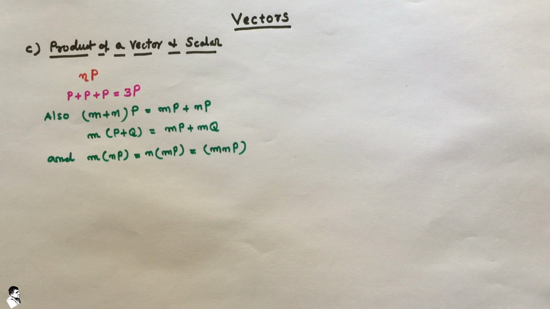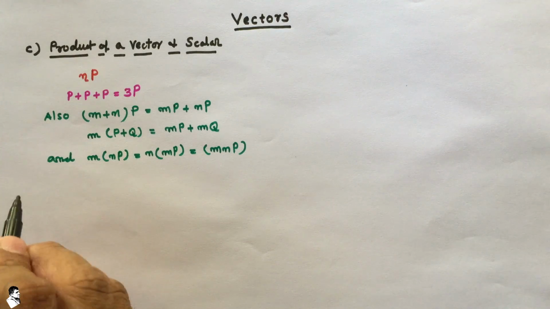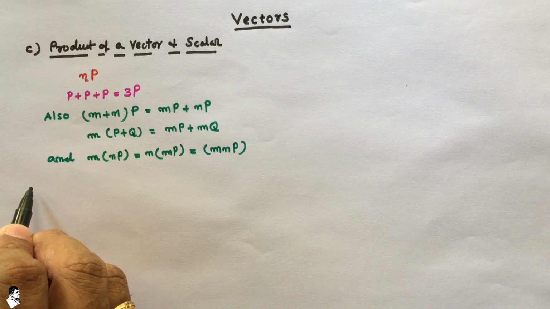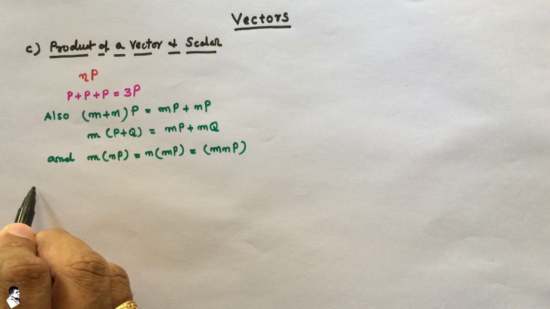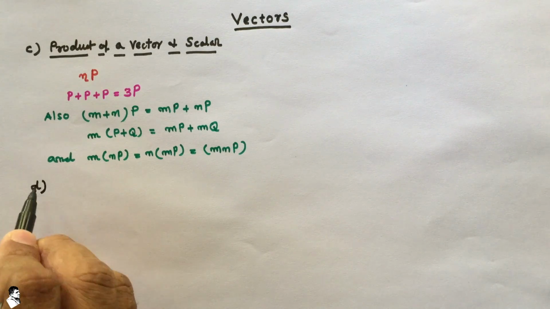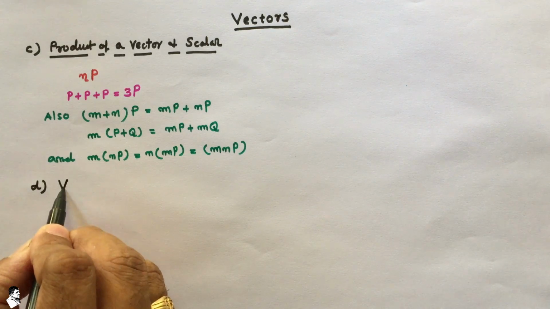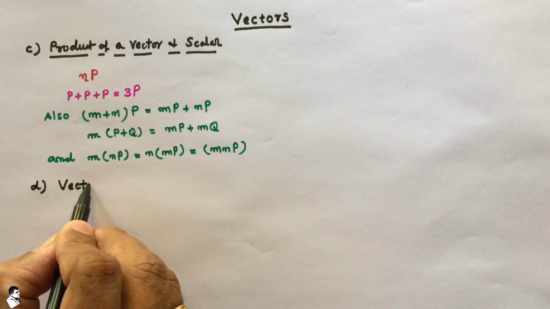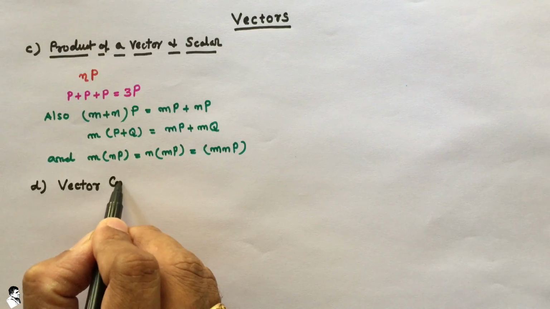Now again a further important point, that is vector components. So we write here as point D, vector components.